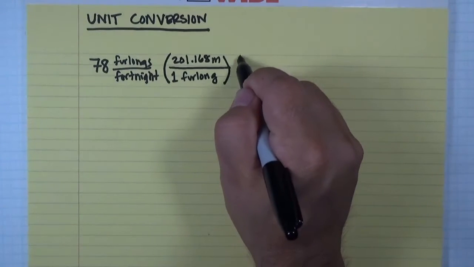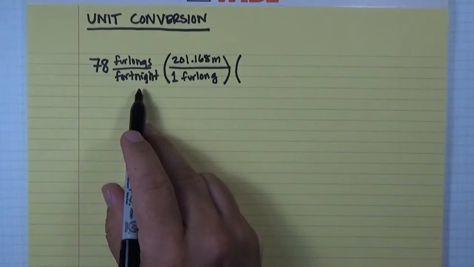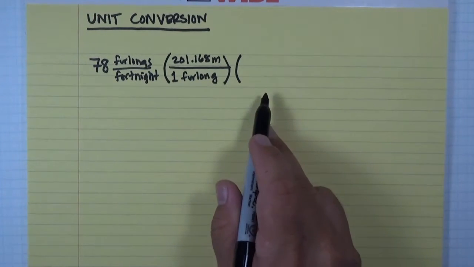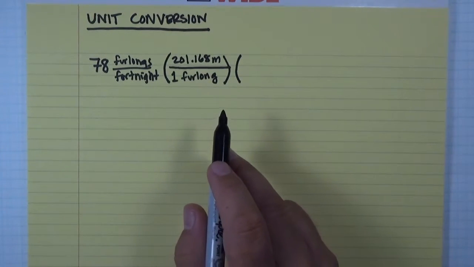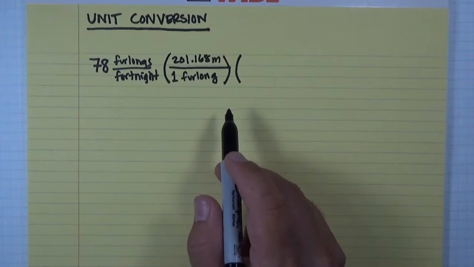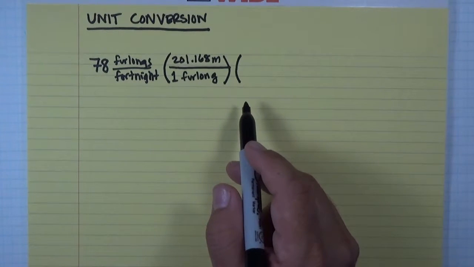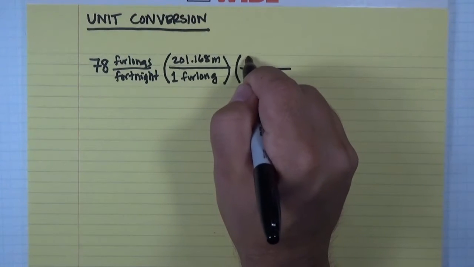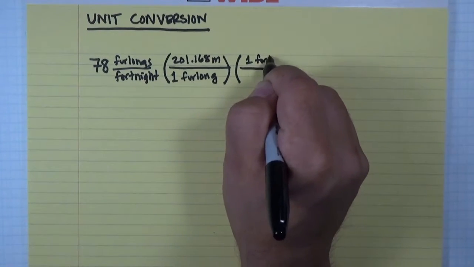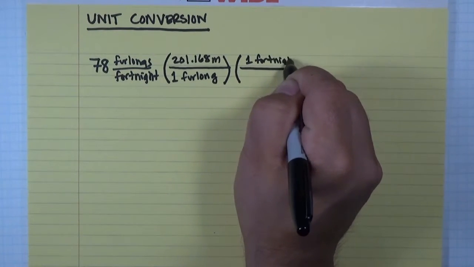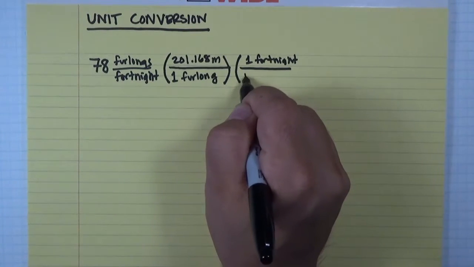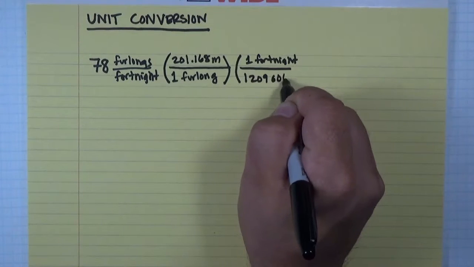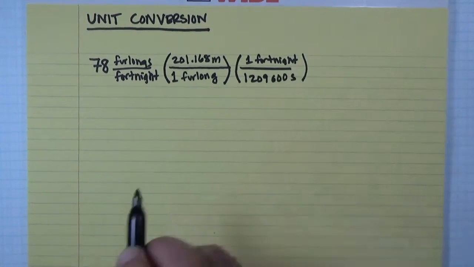Okay, and then similarly, I want to get rid of fortnights, so I'm going to have fortnights in the numerator of my conversion with the MKS time in the denominator. And if I look up the unit conversion in our table there, I know that 1 fortnight is equal to 1,209,600 seconds.